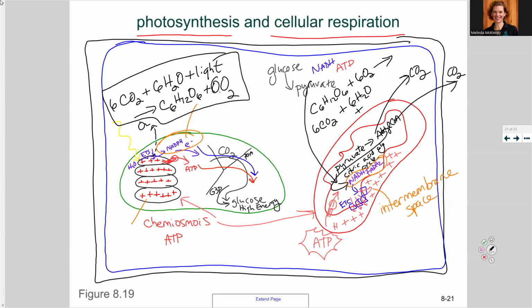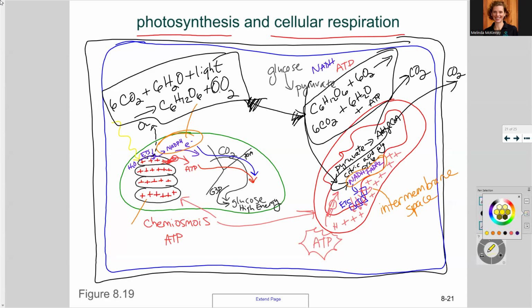In addition, it creates ATP. So the only difference between this reaction and this reaction, in terms of the molecules that are involved, if we look to the energy molecules, is that light is occurring in photosynthesis and ATP is occurring in cellular respiration.